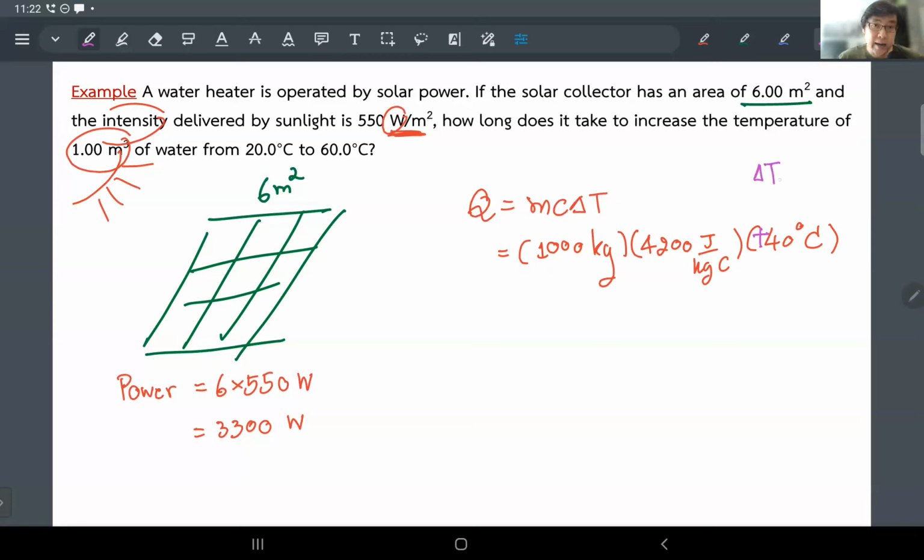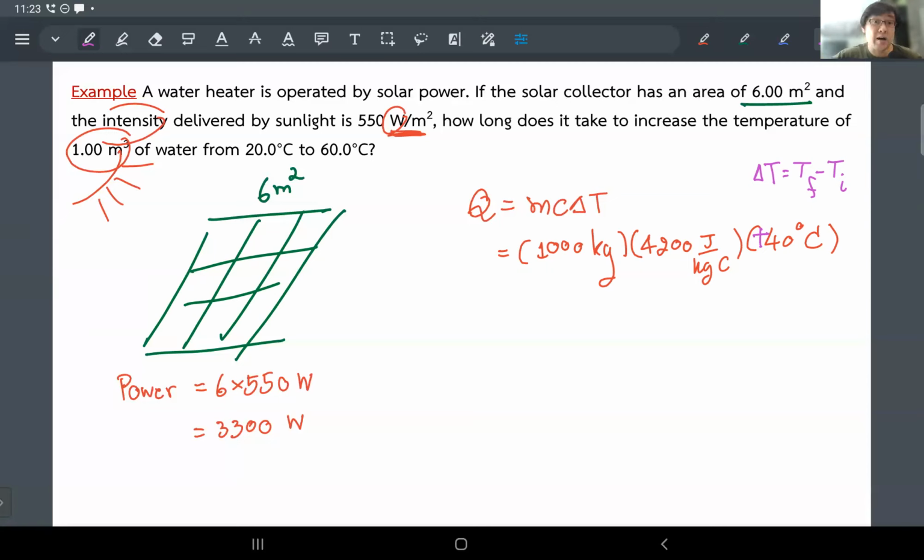Every time we talk about delta, it has to be final minus initial, all the time. We'll have more examples later, but keep in mind that every time you are talking about change, it means final minus initial. So the sign is important because it gives you the direction of that change.